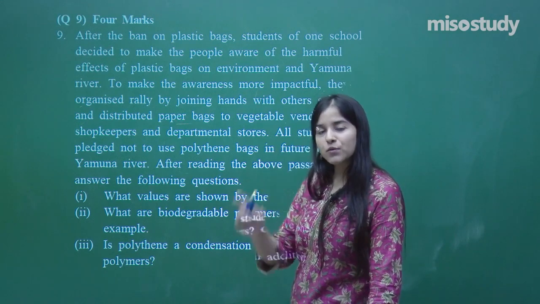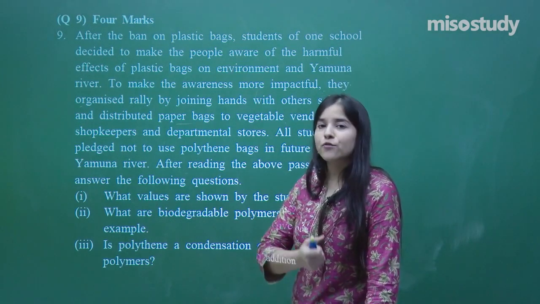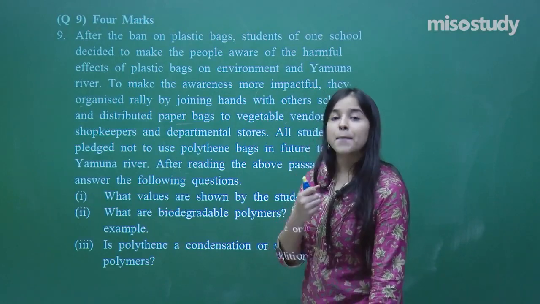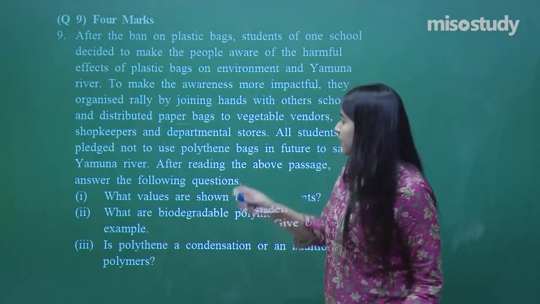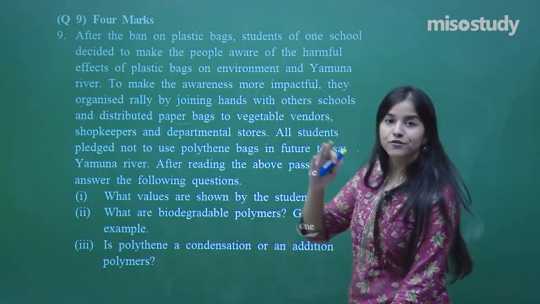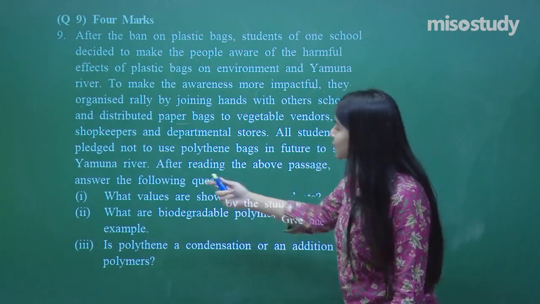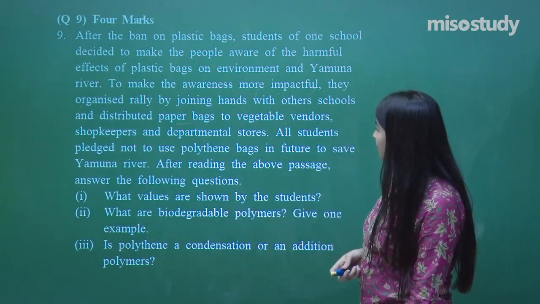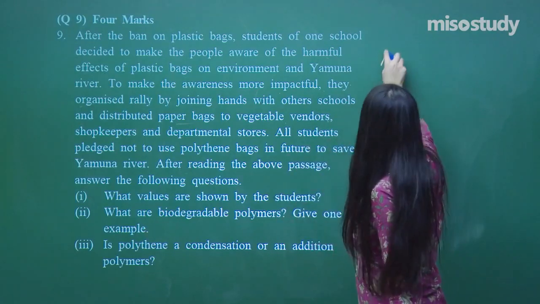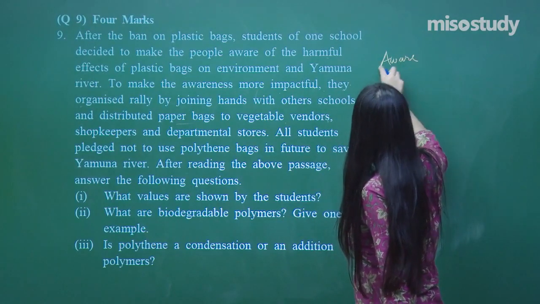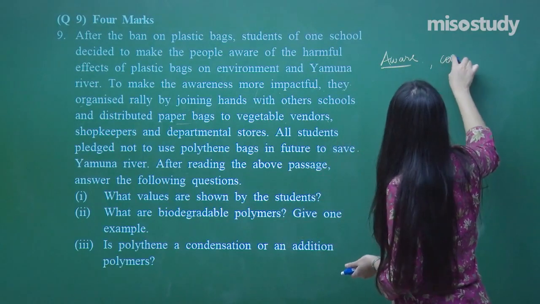That is why these vegetables are getting harmful day by day for us. They have some toxic metals like mercury, lead, arsenic in those. So that is why they did this kind of rally. After reading the above passage, answer the following questions. What values are shown by the students first of all? The students' values, first of all: they were aware of the fact. They had a great knowledge about it, and they were concerned about the society.